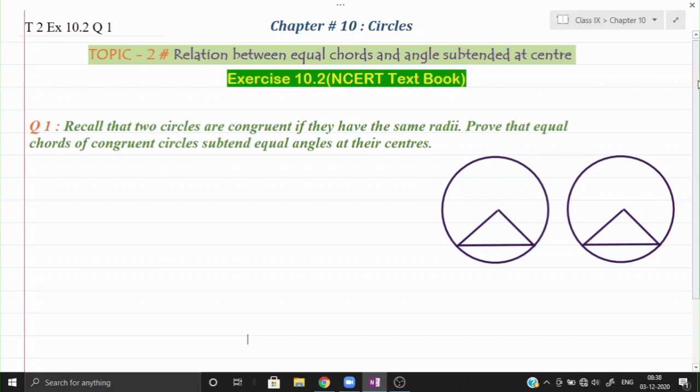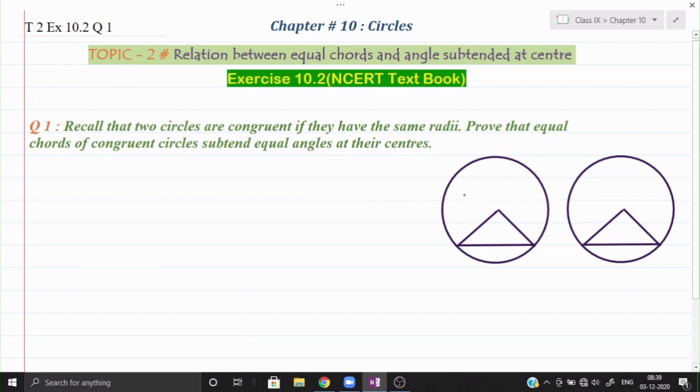This statement we can take in the opposite manner also. For example, if two circles have the same radii, they will be called congruent. Okay, so here you see we have given that circles are congruent, means their radii will be the same. Okay, as per the statement we are going to take that.